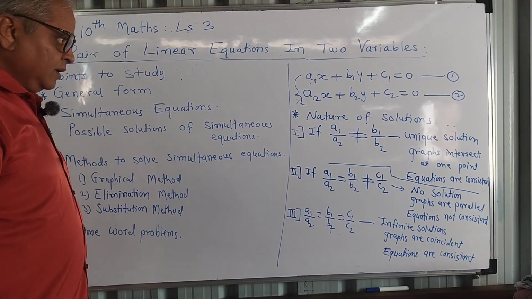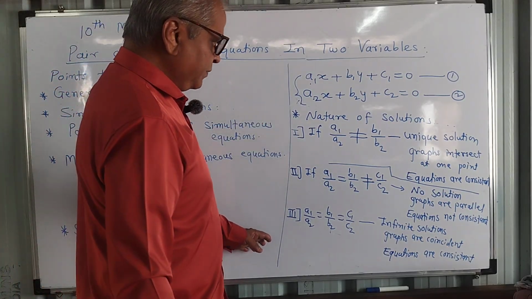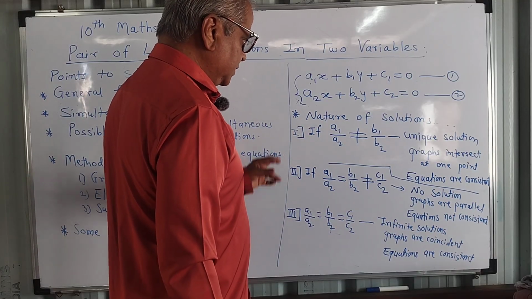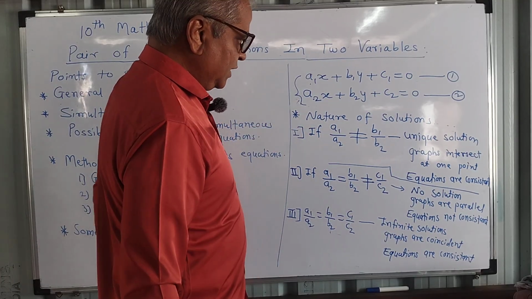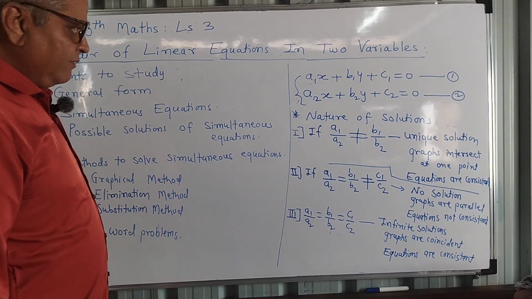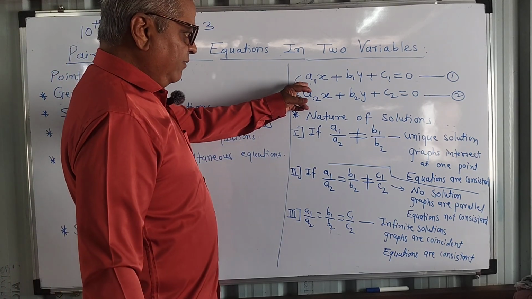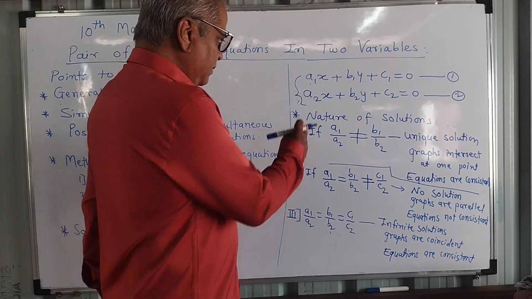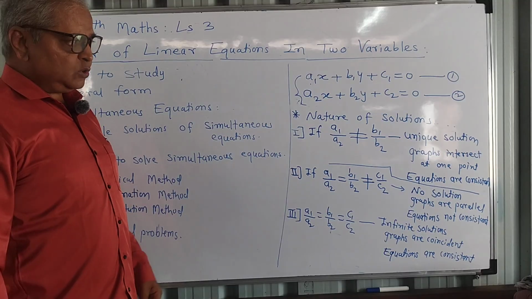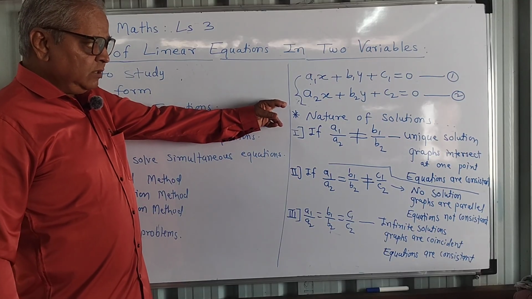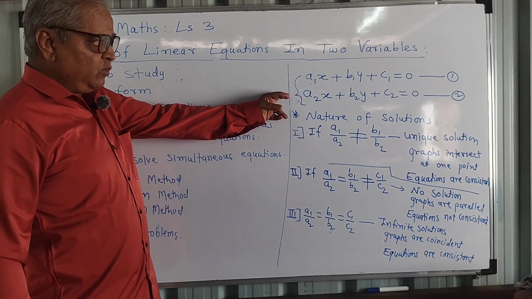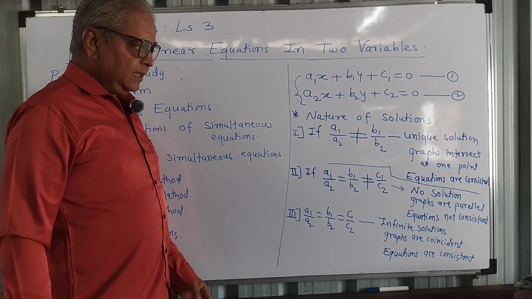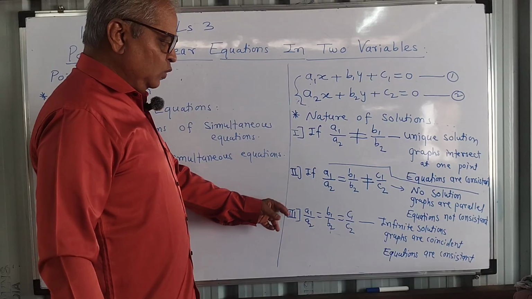Again we will revise. It is very important topic. It will give you 1 mark, 2 mark or 3 marks questions depending upon complexity of the question. So we will revise it again. If a1x plus b1y plus c1 is equals to 0 and a2x plus b2y plus c2 is equals to 0 are the two equations in linear equations in two variables, which we will call simultaneous equations, then there are three possibilities of nature of solutions.